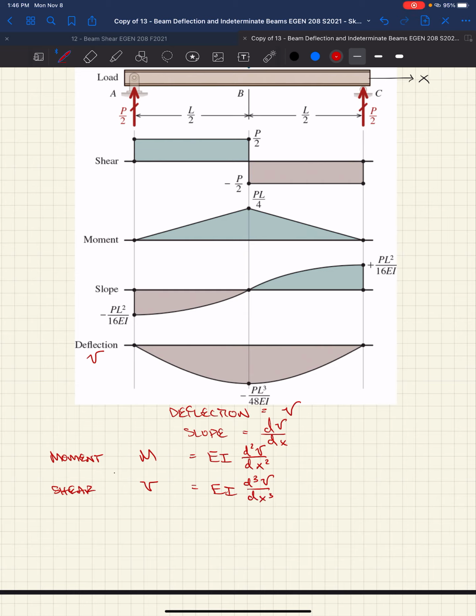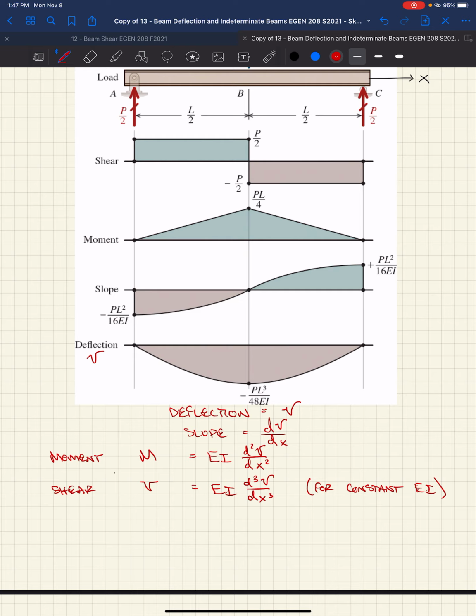One more time. And this is for constant values of EI, right? If the modulus of elasticity or the moment of inertia changes along this length, it throws everything out the window, right? Because we're going to be changing a lot of how the beam behaves as we go along the length. We're changing our stiffness with respect to geometry or material, which is really the EI, right?